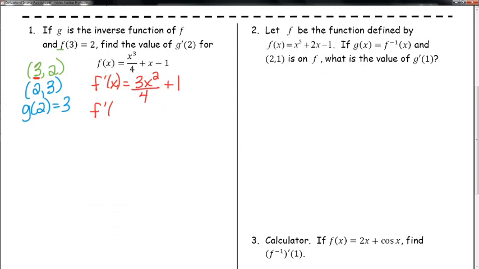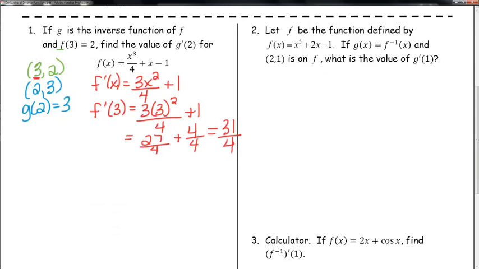So f prime of 3 is equal to 3 times 3 squared divided by 4 plus 1. Well, that will be 27 over 4. And instead of 1, I'm going to do 4 over 4. Well, that's equal to 31 over 4.